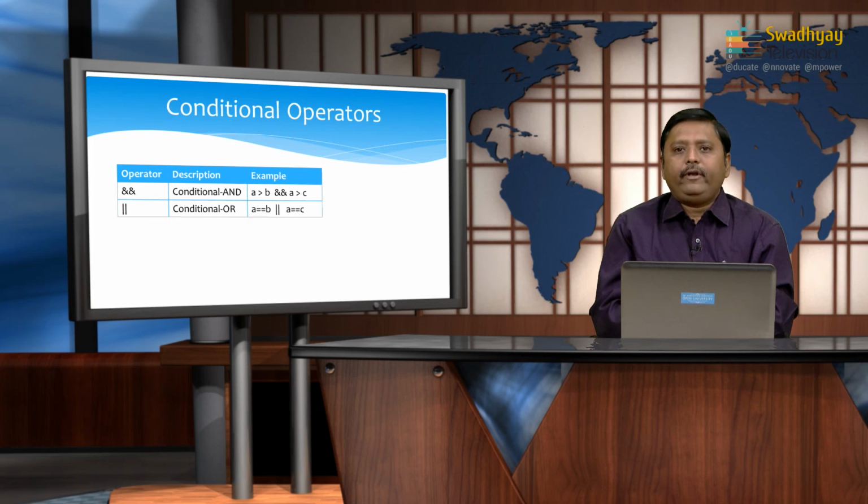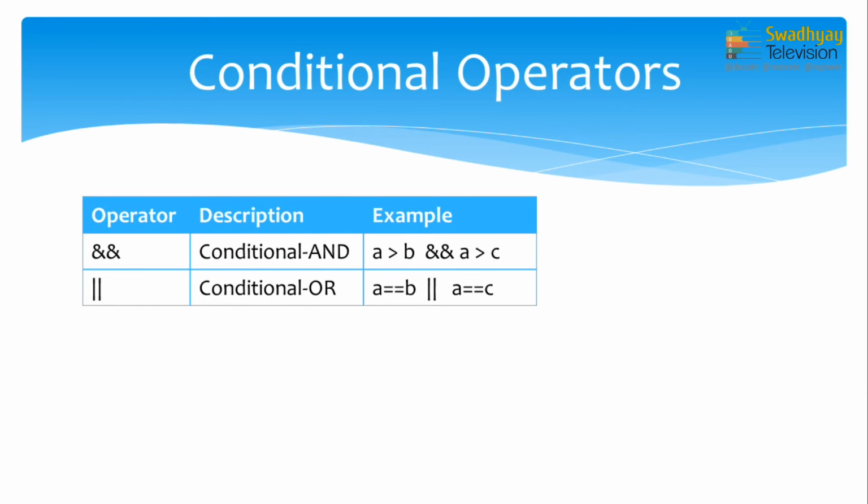Now, in a program we need to concatenate more than one condition. To perform this kind of operation, we have conditional operators or logical operators. The first operator is called the AND operator, or conditional AND operator, and for that we have two ampersand signs, and you can see an example on screen. Suppose we have three variables A, B and C, and we want to check whether A is maximum.